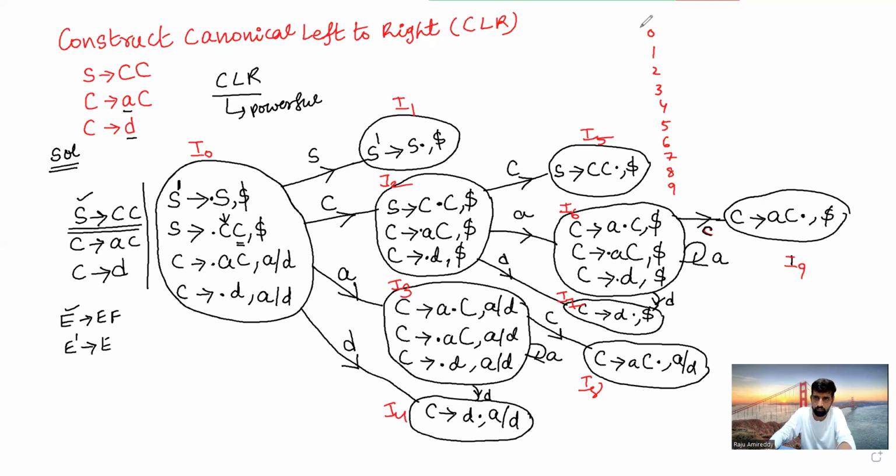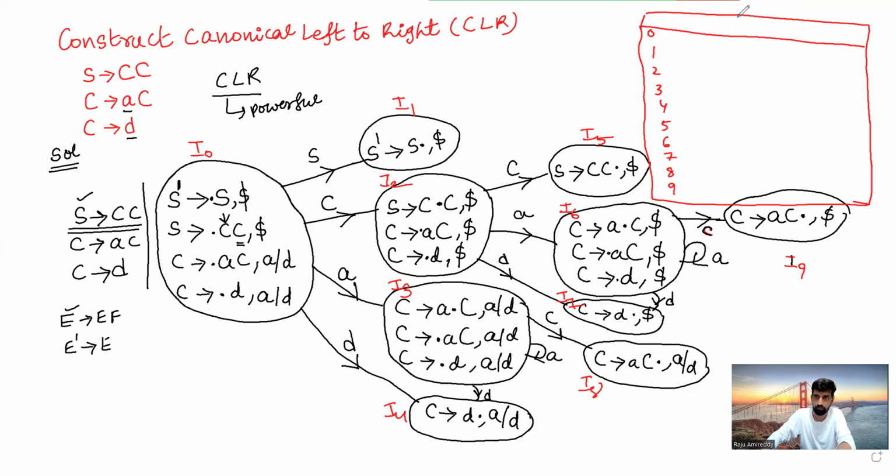Now I am going to take values here. Remember, we need to write all the I0, I1, I2, I3, I4, so till I9 we completed here. Now what we have to do in the next step?